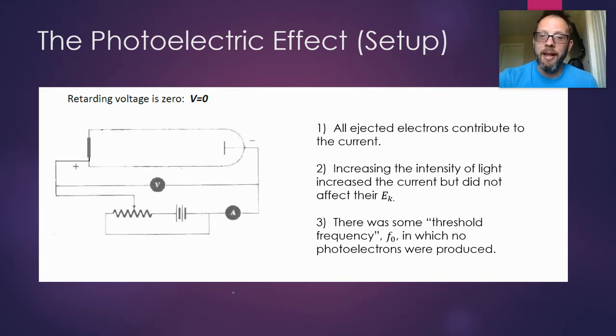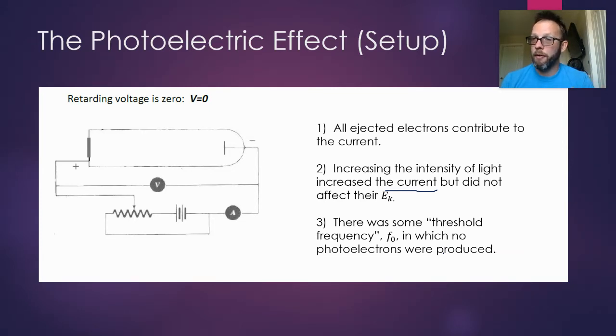And what we saw, that an increase in the intensity of light increased the current because there were more electrons, but did not affect their kinetic energies. Those guys still moved at the same speed, but it increased the current because you had more of them. And I showed you there was some threshold frequency below which no photoelectrons were produced. So with our sodium example, violet light gave you photoelectrons with a lot of kinetic energy.